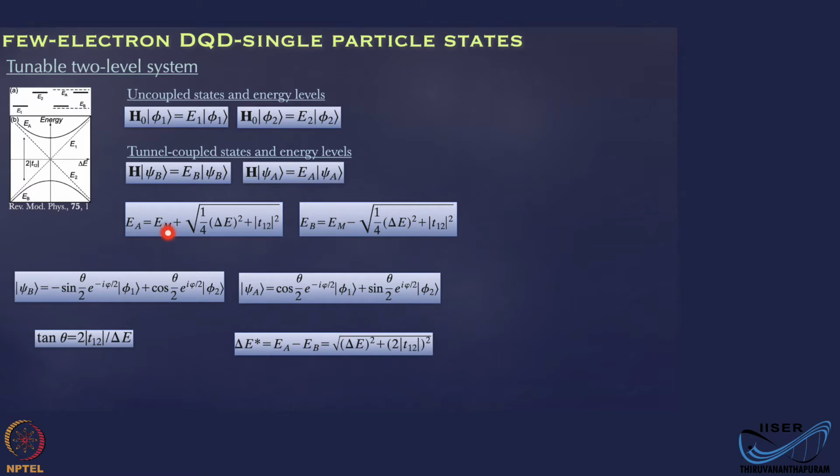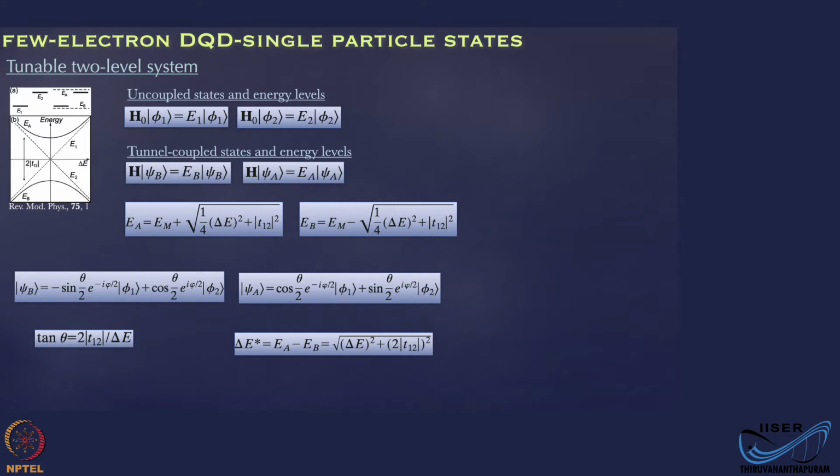EM plus square root of 1/4 delta E squared plus T12 squared, and that is the anti-bonding energy, and EB is the bonding energy. You will see very soon why I am calling them bonding and anti-bonding. EB is EM minus the square root of 1/4 delta E squared plus T12 squared.